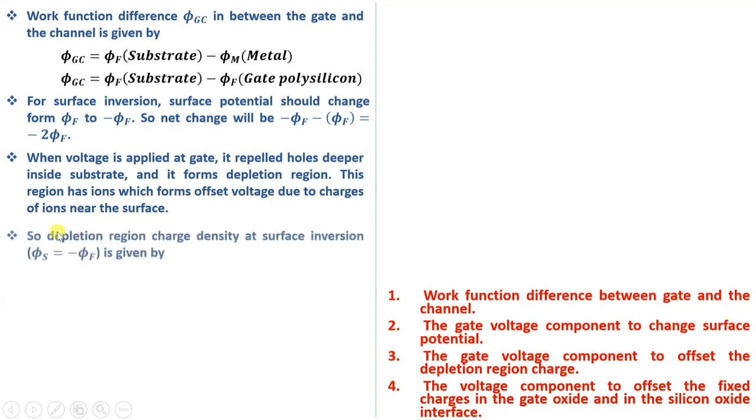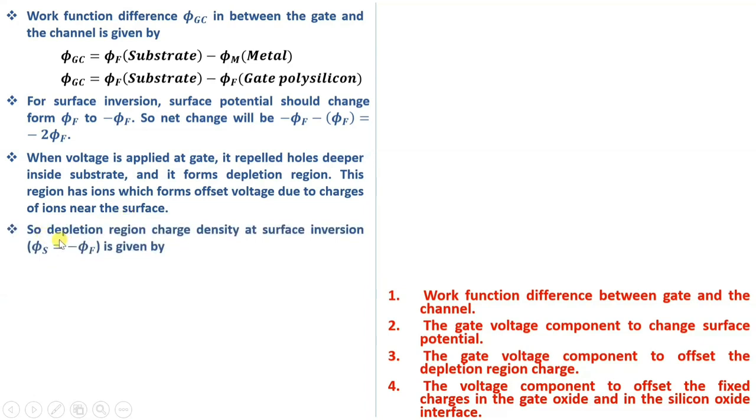And if you want to calculate that, then that will be as per surface inversion, where phi S should be equal to minus phi F, and that charge density we can calculate as QBO equals minus of square root of 2q Na epsilon Si into mod of minus 2 phi F. And I have already derived this equation.